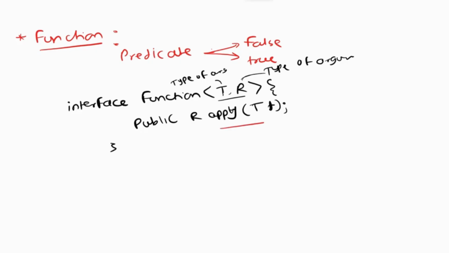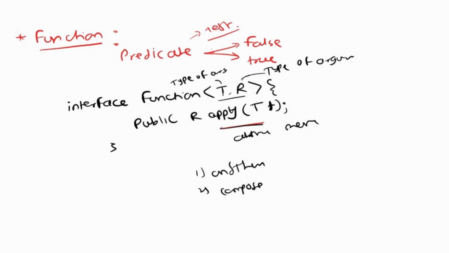Whereas in the case of the predicate, it has the test method, in the Function interface it has the apply method, which we apply on the function. Always remember this. Apply is the abstract method. It also has other default methods, like andThen and compose.